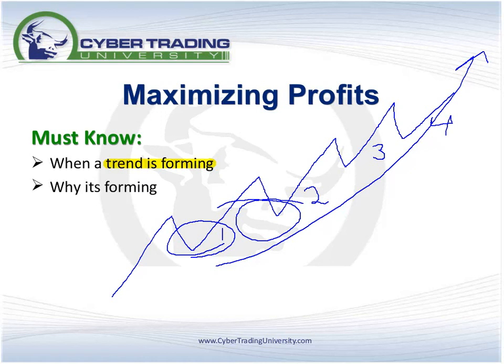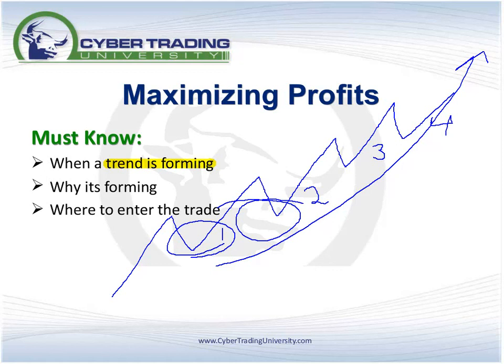So another important factor is why the new trend would be forming. We need to know when it's forming and why it's forming. Those are two important components. And then we need to know, and this relates more to what you said, Alan, where to enter the trade. A lot of times traders enter positions at the wrong place, at the wrong time, and that's what leads to stop-outs.